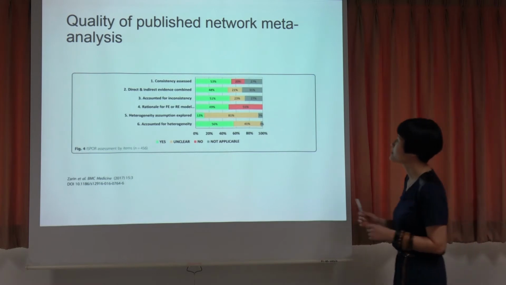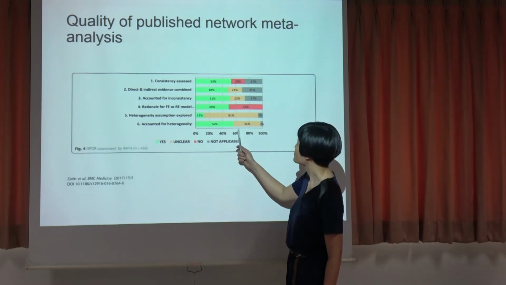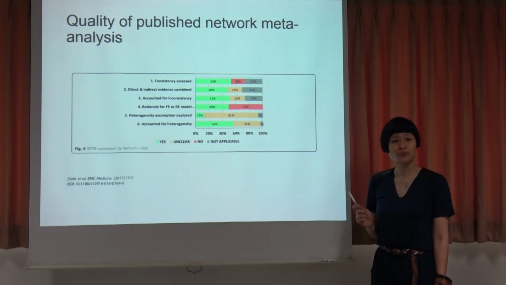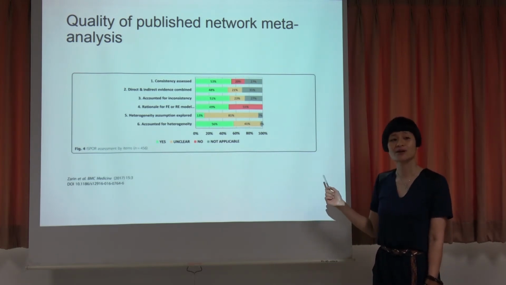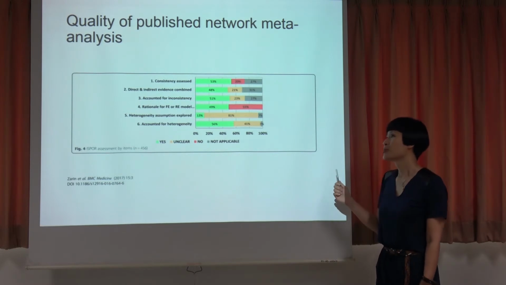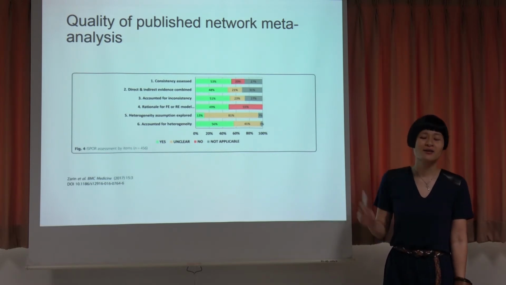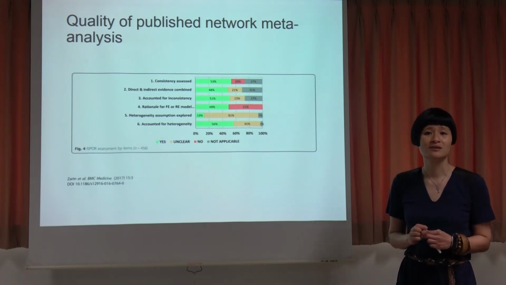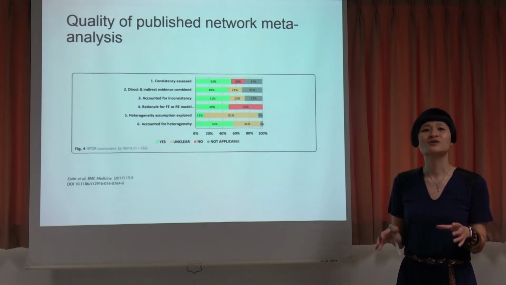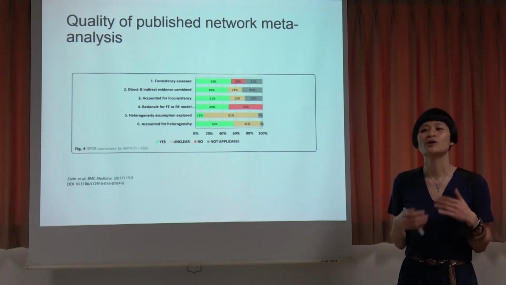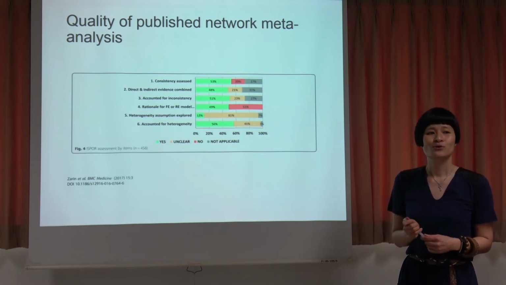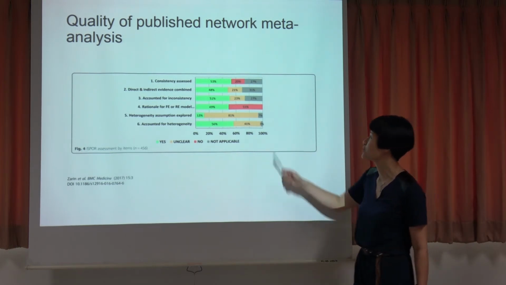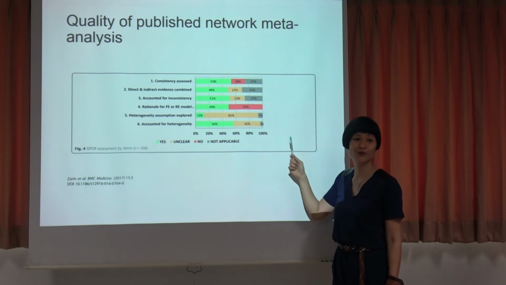You can see that the yes is actually quite low. So there are poor quality network meta-analyses out there as well. Perhaps it's not surprising that a lot of our HTA agencies are suspicious of the analysis. But it's not because it's a network meta-analysis, it's how it was conducted. So you need to make sure that when you do your analysis, you're going to get 100% green on all these criteria.